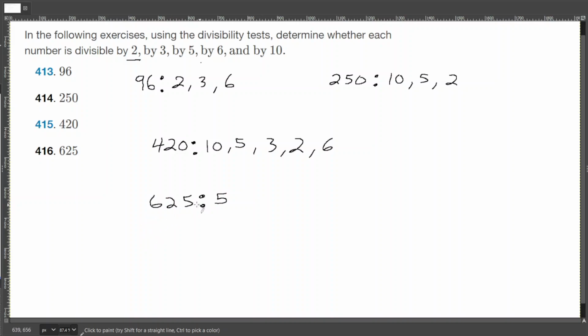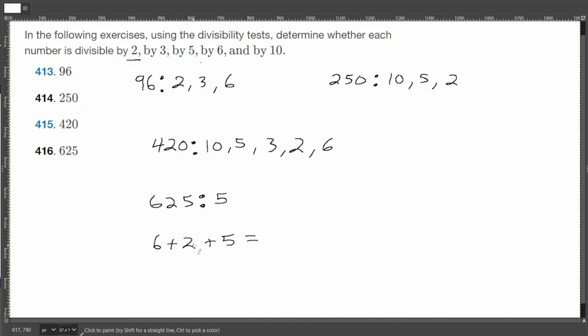So we could check. So 2's also are out, right? 2, 4, 6, 8, 0, right? I can't ever count by 2's and land on something with a 5 in the ones position. So we can check the 3's. 6 plus 2 plus 5.